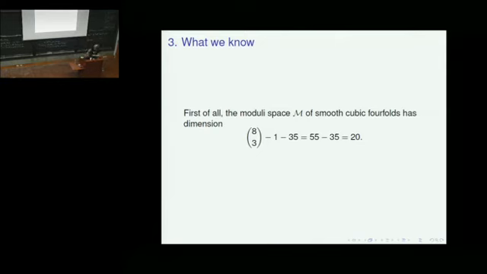But you can just take the GIT quotient of the open subset of the projective space of smooth cubic fourfolds. That has dimension, the dimension of the space of cubic fourfolds, that's (7 choose 3) minus 1, minus the dimension of PGL6, and that comes out to 20. So it's a 20-dimensional family of cubic fourfolds.